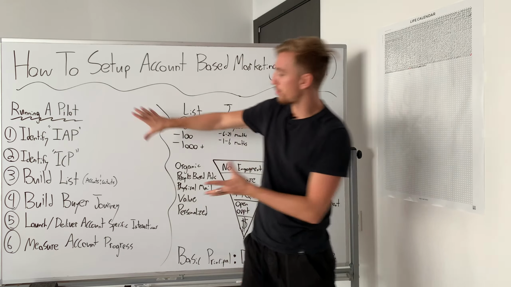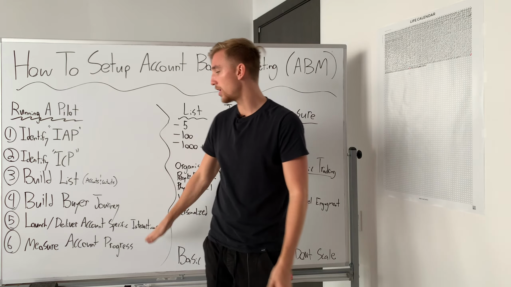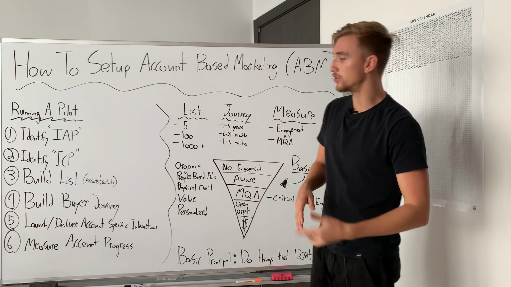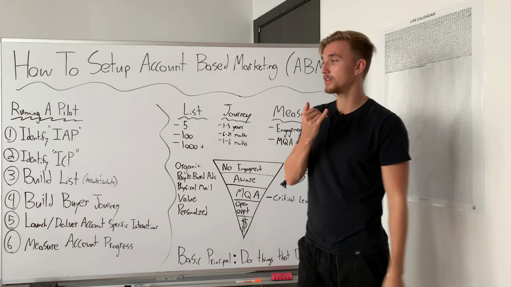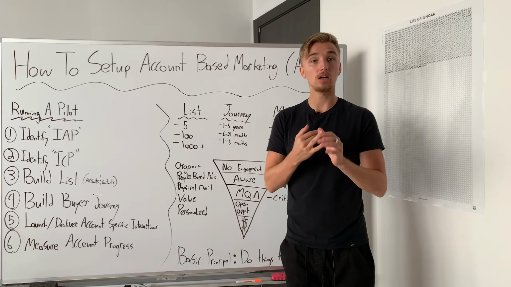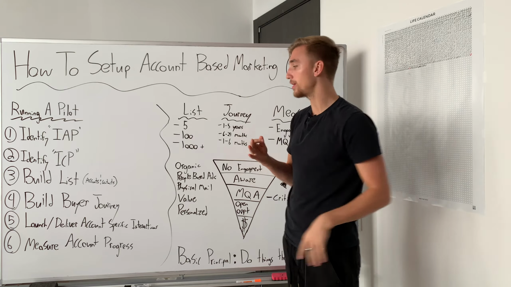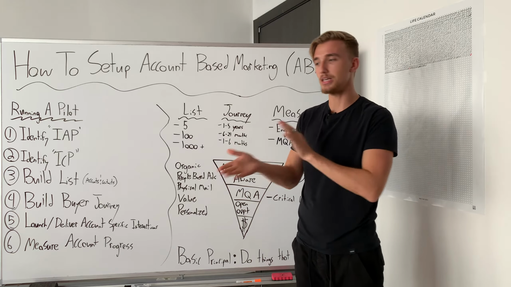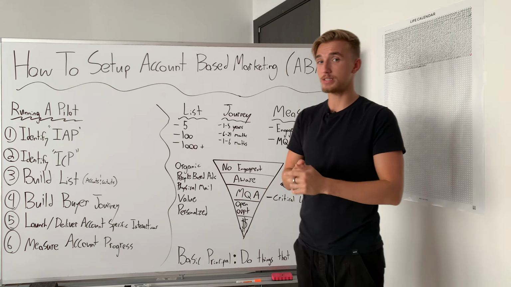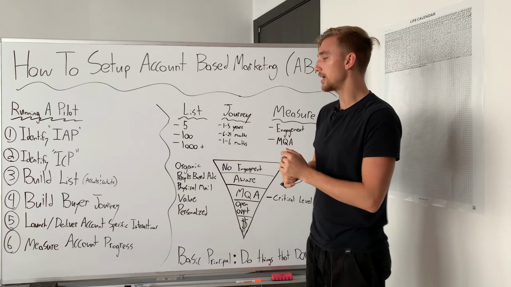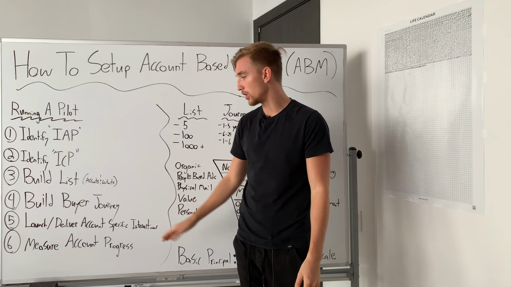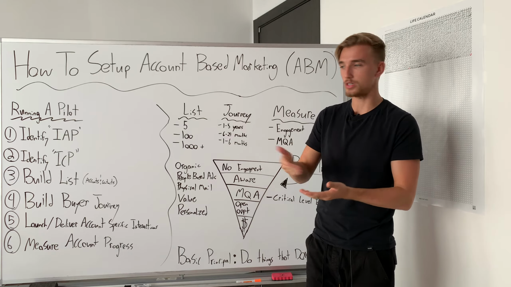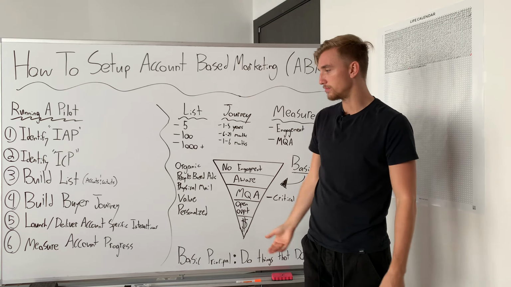So you've now planned everything, and now it's time to launch and actually execute this play, this strategy and this buyer journey that you're going to take them on, whether that's sending them physical mail, sending them links to custom blog posts specific for their company, sending them custom one-on-one messages on LinkedIn, custom one-on-one personalized emails, literally phoning up the executives. It doesn't matter what it is. The point is that step 5 is the execution, the launch, and making sure that every account is in order and getting executed on the journey that they need to be taken on.